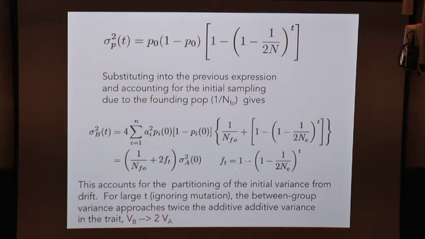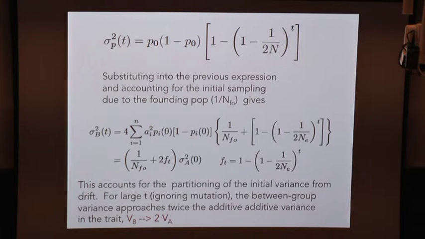You'll notice, by the way, that as t goes to infinity, F goes to 1, and the between mean variance stabilizes at twice the initial additive variance. And again, we don't usually worry about this time scale because when we get there, large mutation comes in. The bottom line is this.